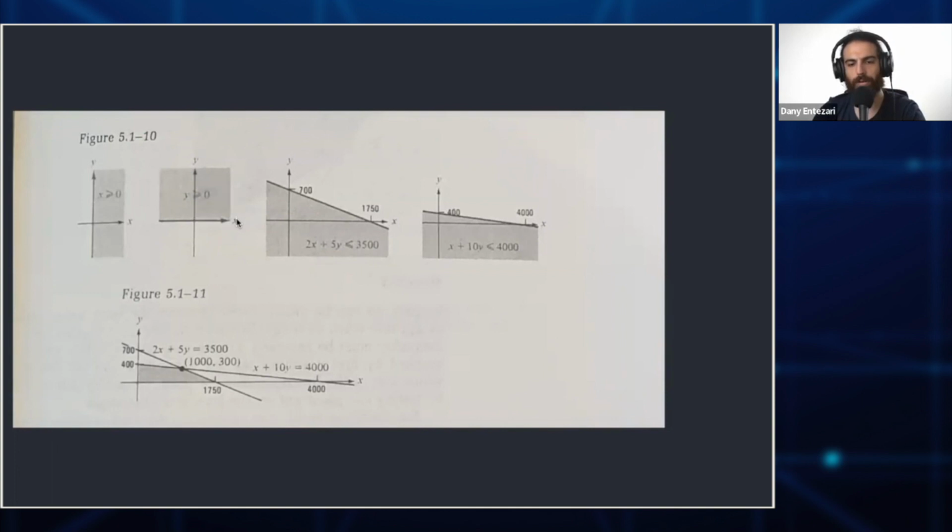But then there's more. Here we have this other inequality, 2x plus 5y less than or equal to 3,500, which gives us this graph. So not only must our solution be in the first quadrant, we also have this diagonal line cutting through it. So if we have this quadrant, we must also slice it from here.